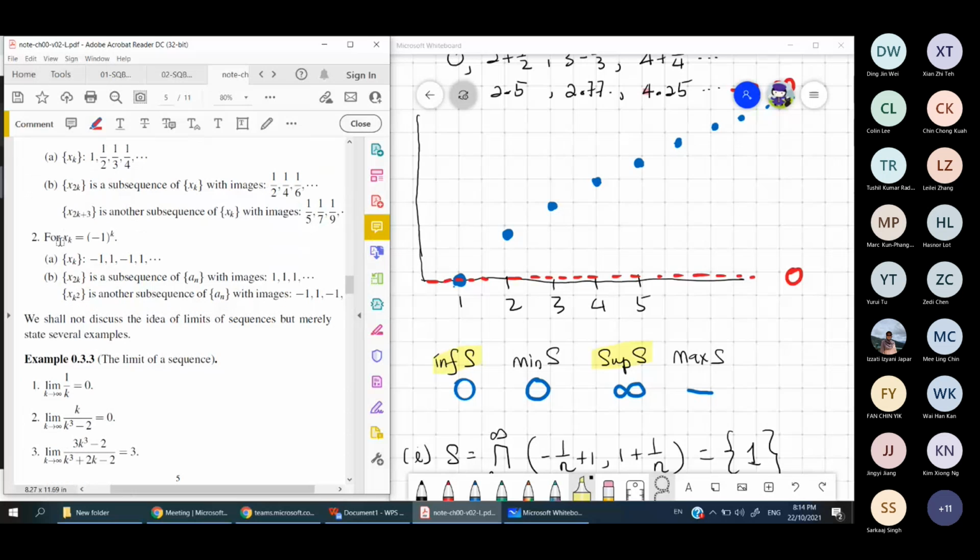So we also have examples here. The sequence x_k is (-1) power of k. I think it's quite straightforward, right?